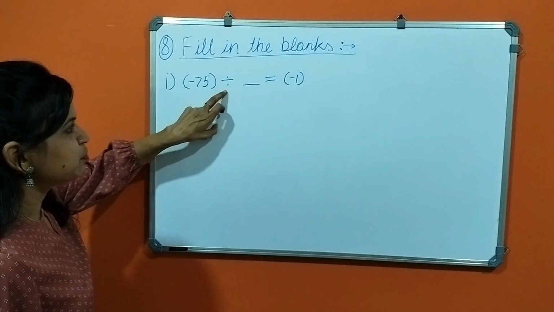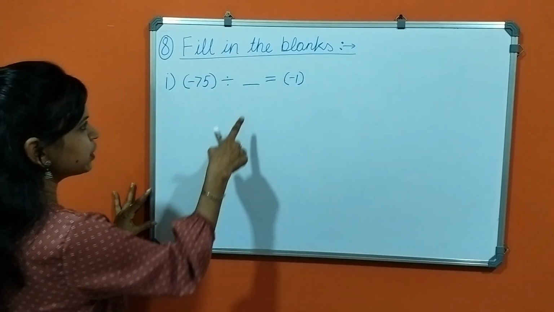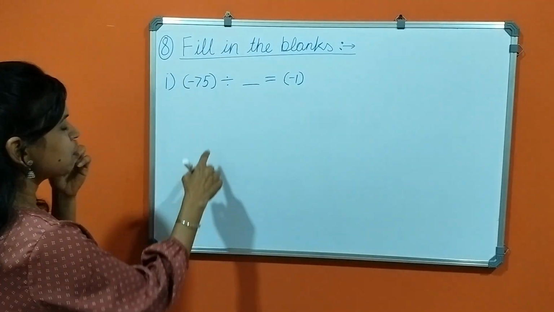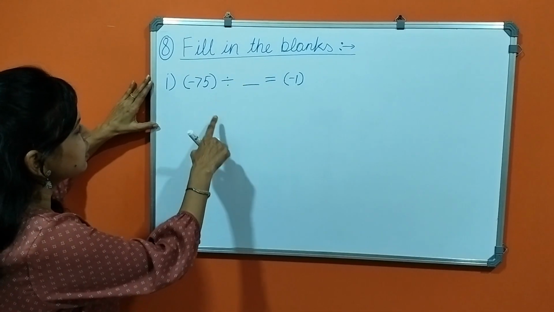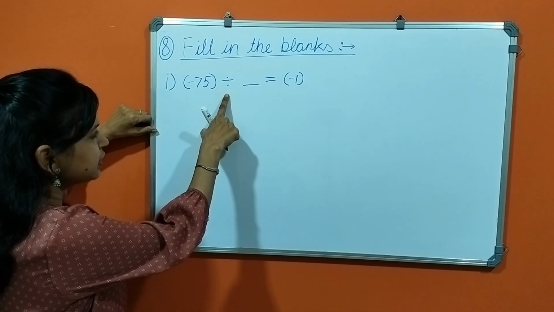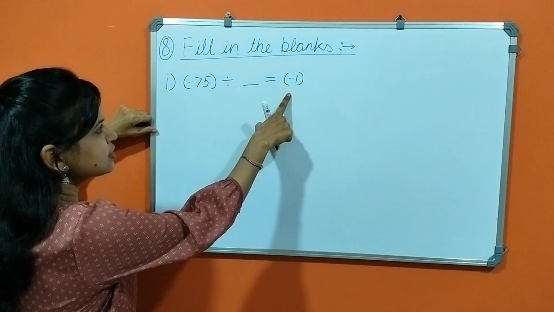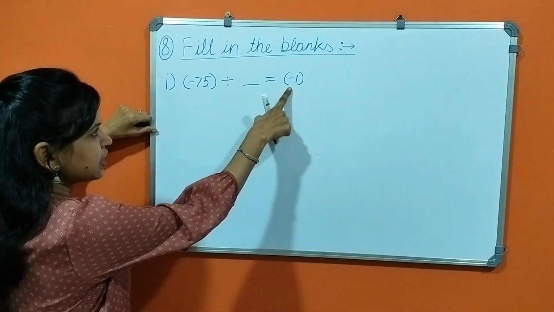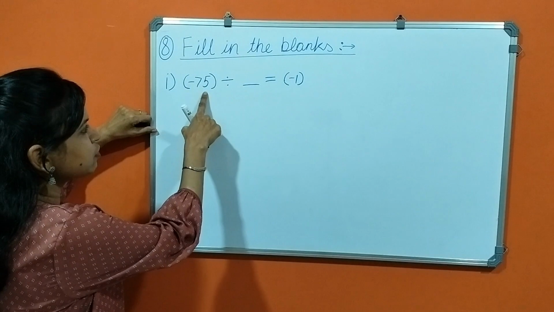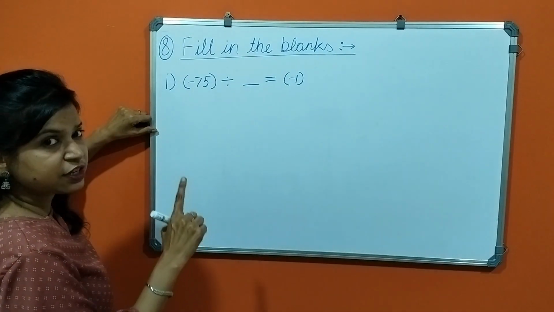-75 divided by blank is equal to -1. What will come here? That we have to find out. We have to divide -75 by some number so that we get the answer -1. The negative sign is there, which means we are not dividing by a negative number. We are dividing it by a positive number.